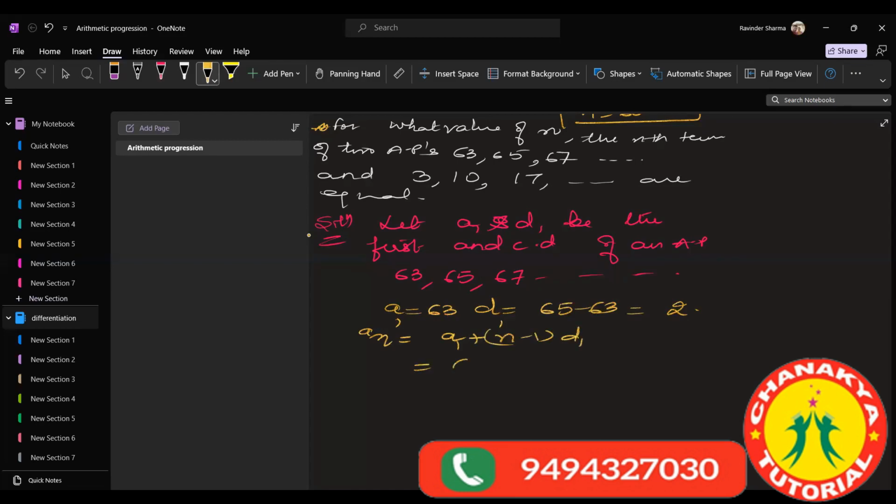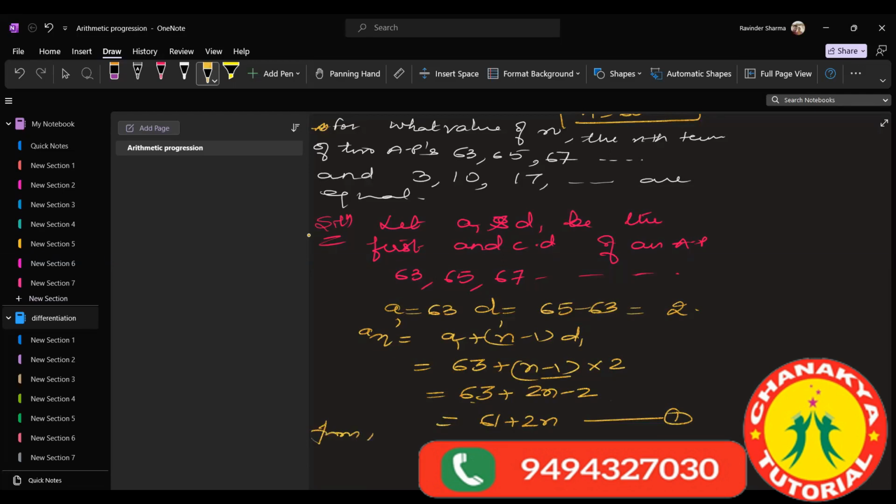Now put the values: 63 plus n minus 1 into 2. So 63 plus 2n minus 2. I have multiplied the bracket by 2. Now 63 minus 2 is 61, plus 2n. Let this be your equation 1.